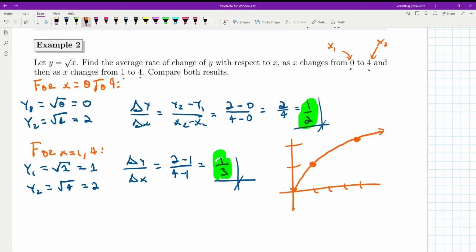So over here we have one secant line containing the two points, which has a slope of 1/2, and over here we have another line with a slope of 1/3. And in this case, it's not the same slope.